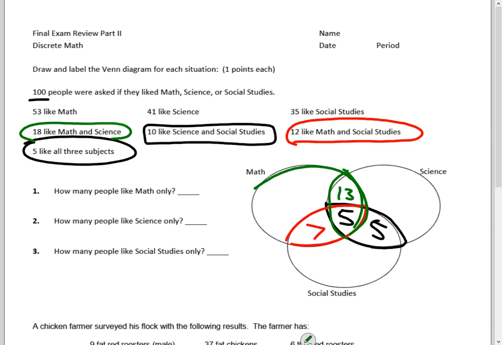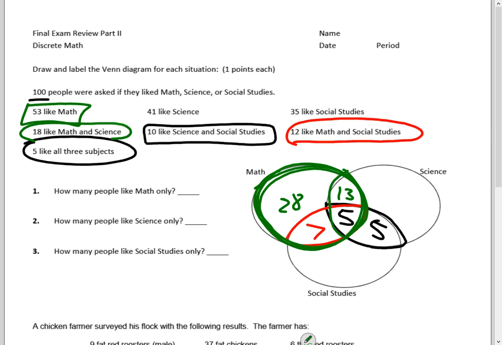Math is this entire circle. Math is not just this area. It's everything in there. So how many people are already in there? 25? And I need 53. So how many more do I need? I need 28. Make sure that when you add up that entire circle, it totals 53 for math.